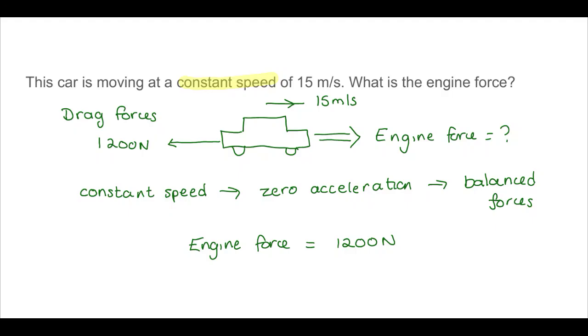Constant speed means 0 acceleration, therefore balanced forces. You'll notice that the 15 meters per second doesn't matter at all. If it's a constant speed, it doesn't matter whether it's 15 meters per second or 150 meters per second or 0.02 meters per second. It's a constant speed and there's no acceleration. Okay?